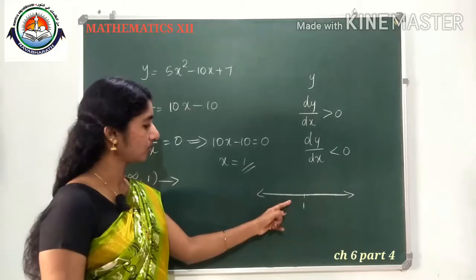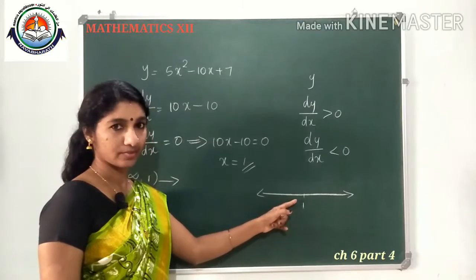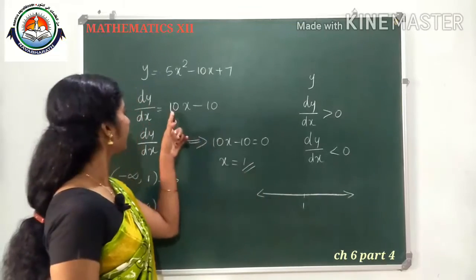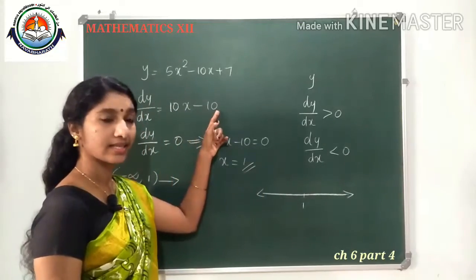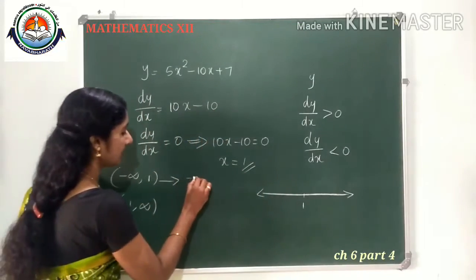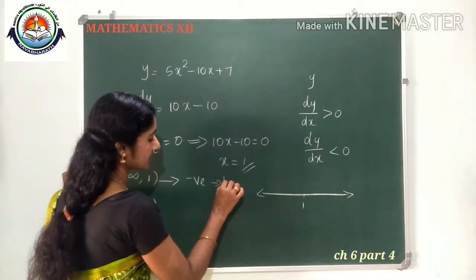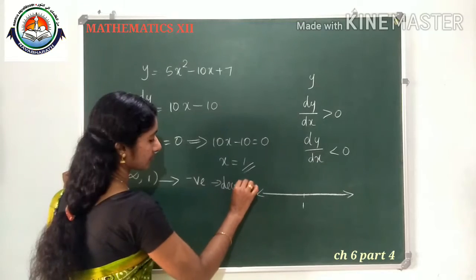Suppose you substitute the value 0, before 1: 10 into 0 minus 10, we get negative. So in that interval dy by dx is negative, therefore this function is decreasing.